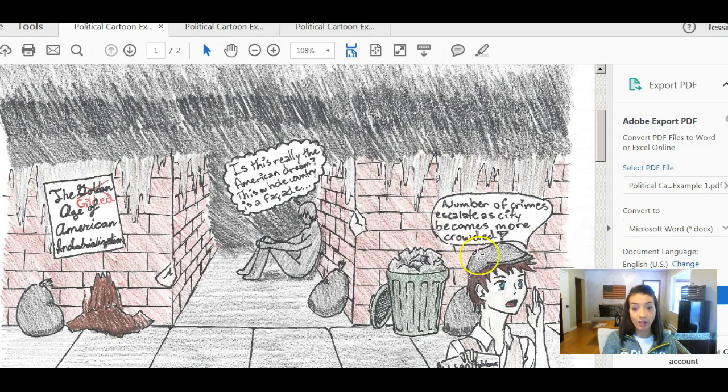You can see that she has incorporated dialogue here and here. And then the two vocabulary terms, you may not know this because this isn't what we're studying, but her two vocabulary terms are actually the Gilded Age, that's one term, and then it's actually in the same area of her cartoon, which is totally fine, and the term industrialization, okay?